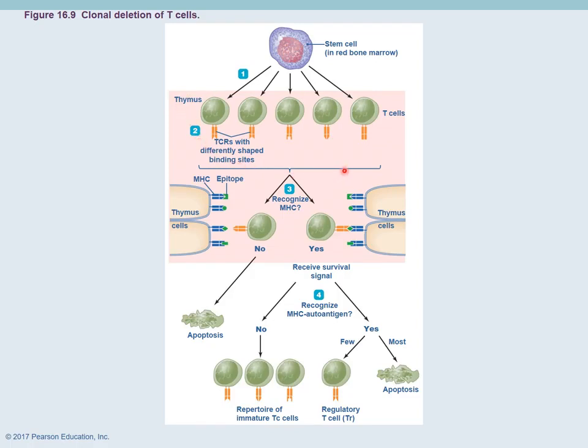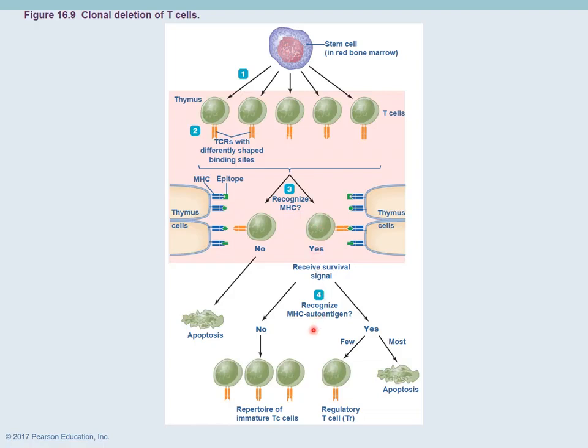Now it's kind of like step 3, the process by which we ask, can you recognize the major histocompatibility complex that's shown to you? If the answer is no, I can't recognize that, cell death. If you can recognize it, then great.